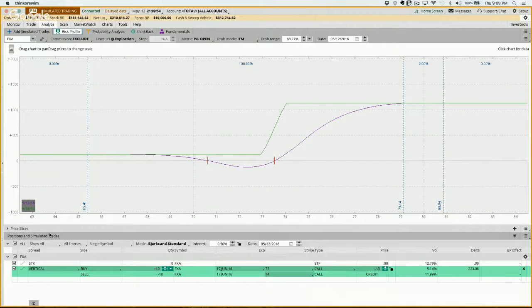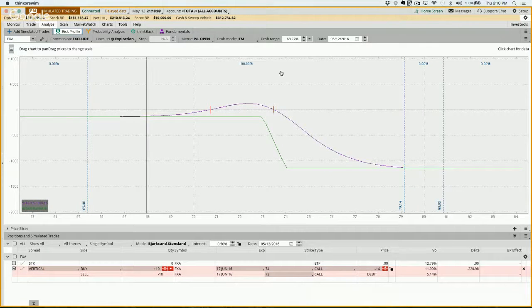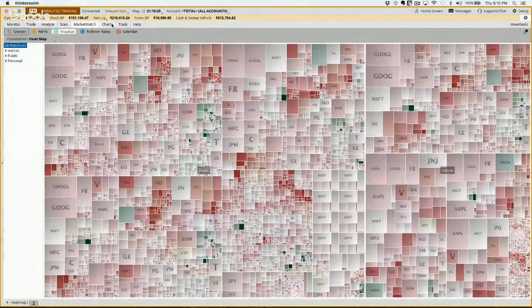Okay, risk profile. Okay. So once that is done, just click on risk profile. You'll be able to see the vertical spread's risk profile. Okay, that's for FXA.